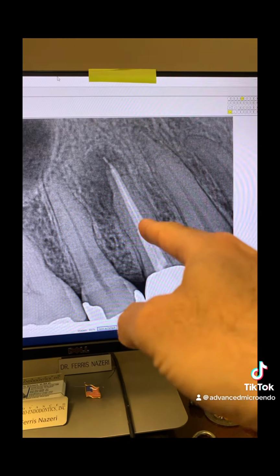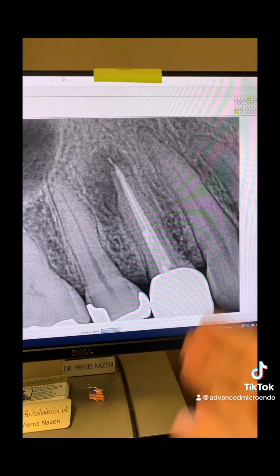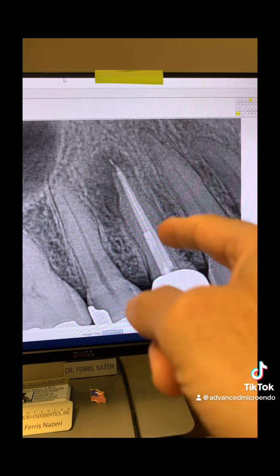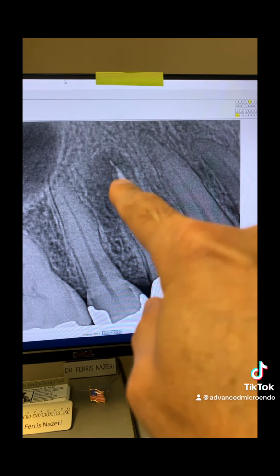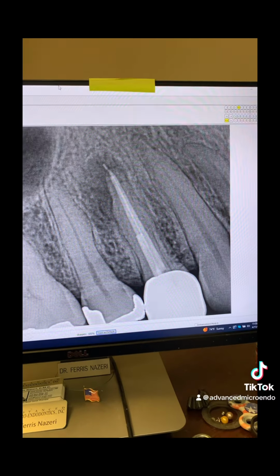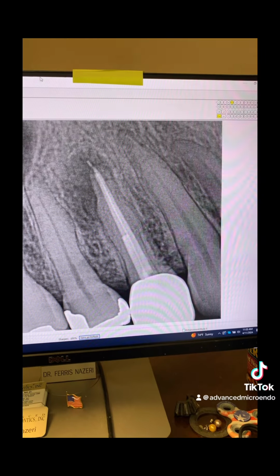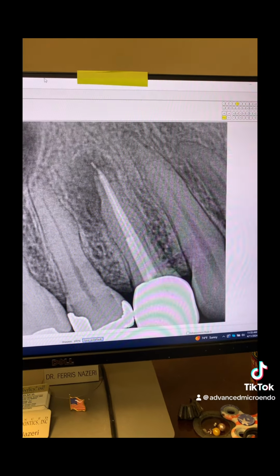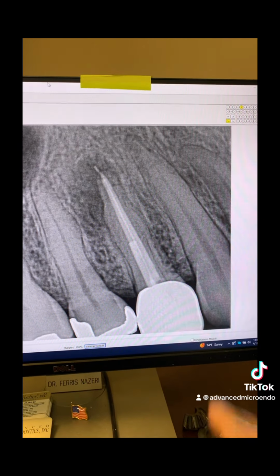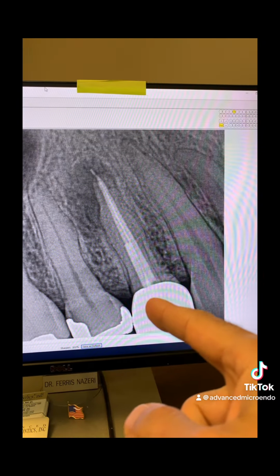If we see that the non-surgical endodontic retreatment was unsuccessful, then perhaps we can consider apico. All right, so I may or may not put MTA there. Maybe I will put MTA there, just in anticipation, just in case we need to do apico in the future. But we want to address the entire length of the root canal systems here.